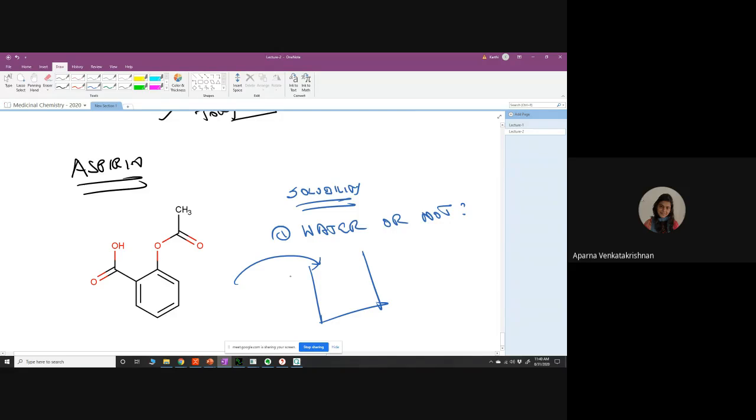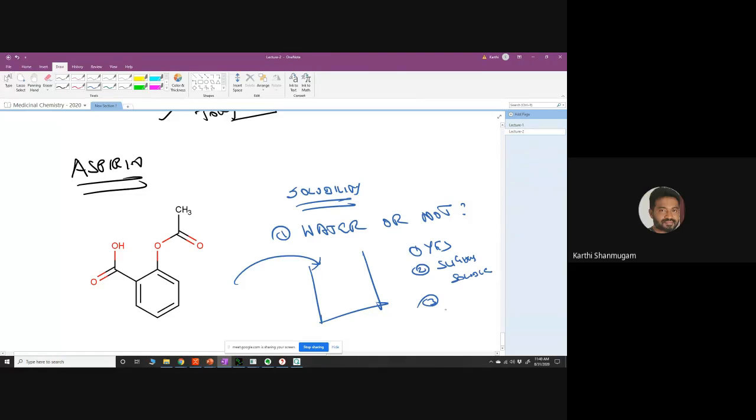Yes, sir. It's slightly soluble, sir. Okay, the first answer I got is yes, and the second answer is it may be slightly soluble. Let's go for others' opinion also. Any other answer from any other student?